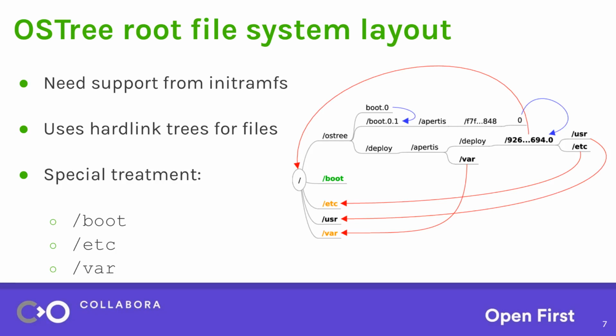Etc is dedicated per deployment, and we use a three-way merge when we do an upgrade of the system. The var directory is single for the operating system, like Apertis in our case, so we have to care about files inside of this directory during upgrade and rollback.